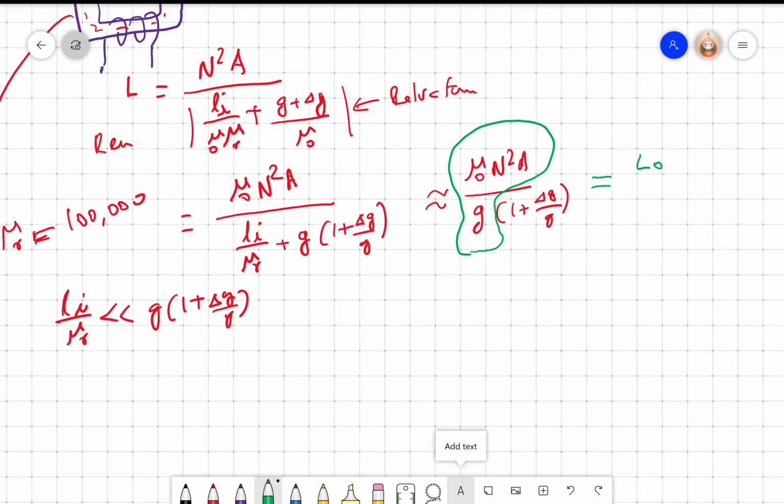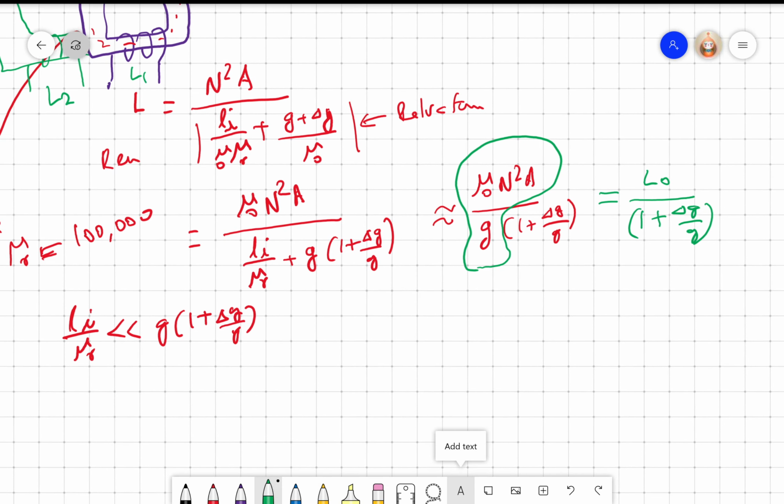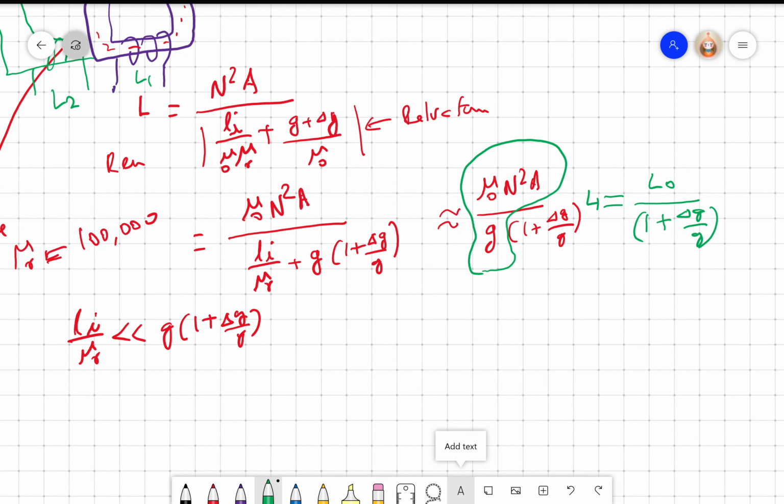So I can write it as L naught by 1 plus delta G by G. Now if I add the other wing and extend this, this will be G minus delta G. So if I wind another inductance, I call this L2, this is L1. So L2 we can easily put as L naught by 1 minus delta G by G.